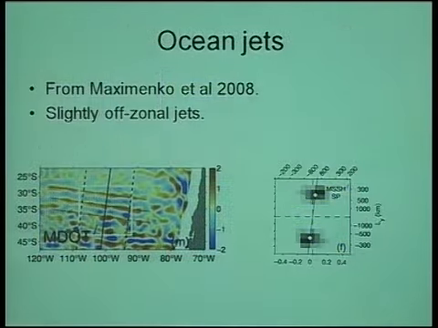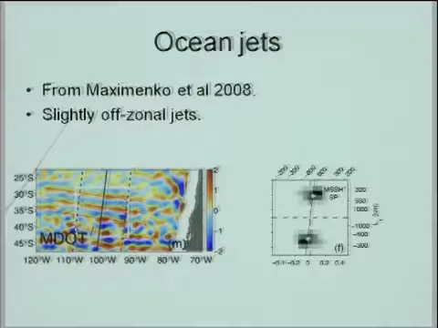But please have a look here. Pay attention that it's not completely zonal. The resulting statistical state is not completely zonal. It's slightly off-zonal, as already predicted in the linear theory: the most unstable mode is not completely zonal. In fact, in the oceans, they recently started paying attention in observations to things that they call striations.